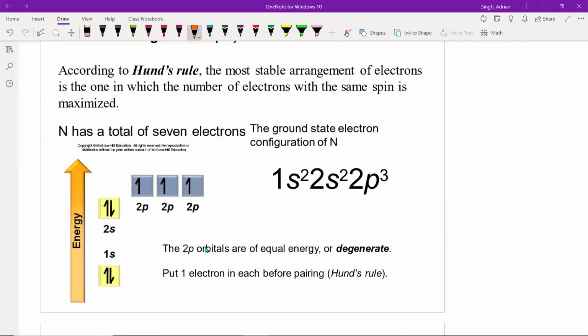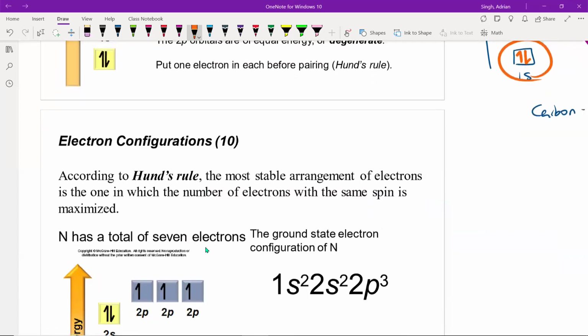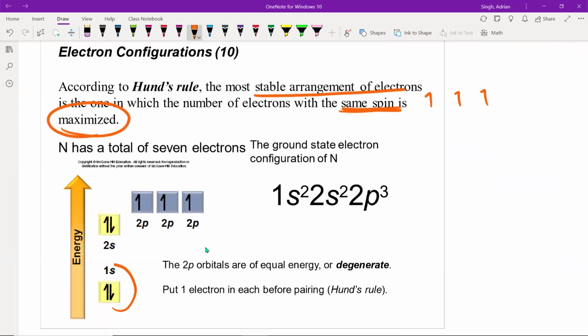Okay, and again, the reason for that, according to Hund's rule, is stability. We're looking to get the most stable arrangement of the electrons, and that is one in which the number of electrons with the same spin, by default spin up, is maximized. So in the case of nitrogen with 7 electrons, we have our 1s2, 2s2, and the next 3 electrons will go into one of the p orbitals first to maximize the same spin in each of them.